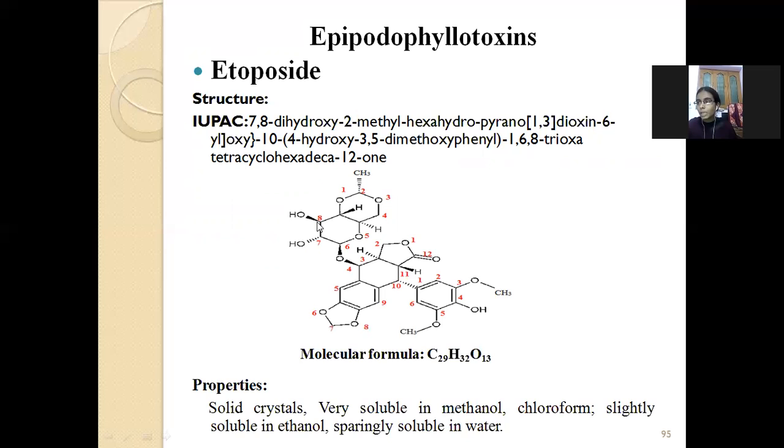How many are there? 2. So dihydroxy: 7,8-dihydroxy. In the 2nd position, methyl: 2-methyl hexahydropyrano, and in the 1st position and the 3rd position oxygens are there. So dioxin, and at the 6th position this is attached to another ring.